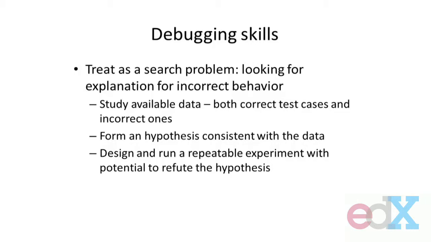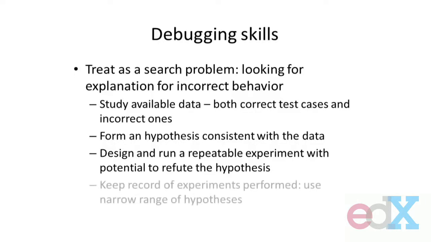So that experiment should have the ability to either reinforce or refute the hypothesis about where the code is going wrong. And of course, I want to keep records of this. I want to go through all of the things I've done inside of the experiment, because that information is going to help me narrow the range of the hypotheses about what might be wrong inside of my code.